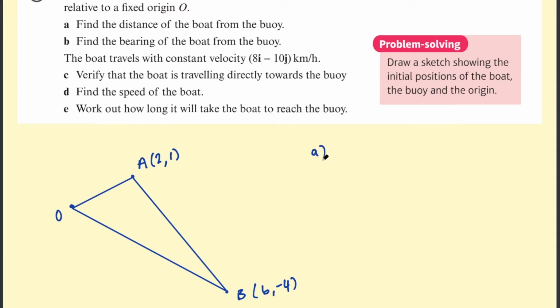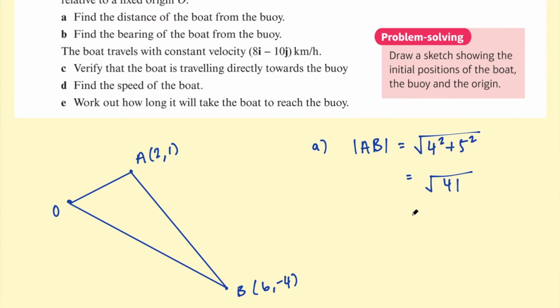So I'm finding the magnitude of AB, which is the square root of 4 squared plus 5 squared. Again, that's the difference between the coordinates. So that's the square root of 16 plus 25, square root of 41, which can't be simplified any further. And because we're talking about a distance, we should probably round it off to a decimal. So the square root of 41 is approximately 6.4, and that was in kilometers.